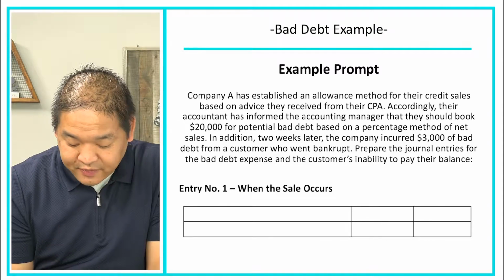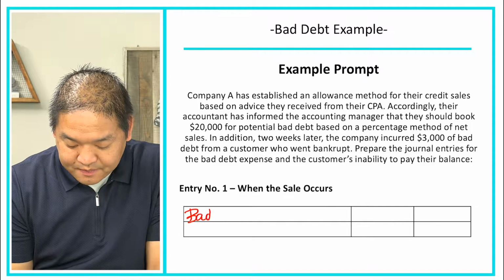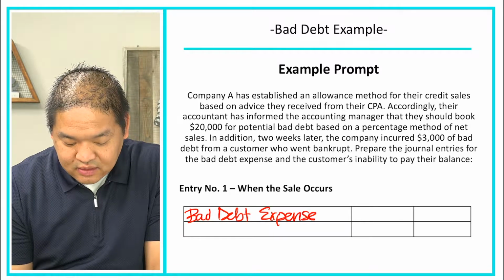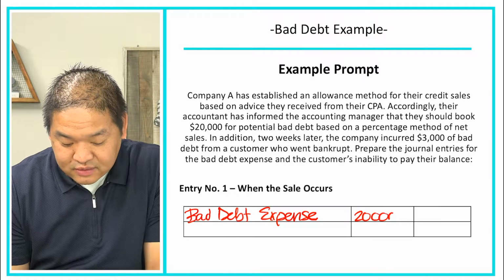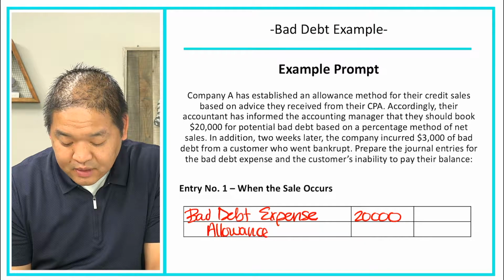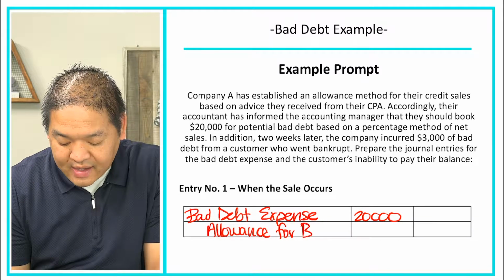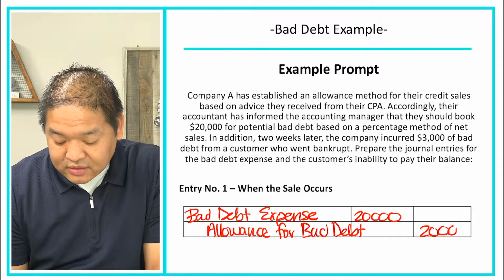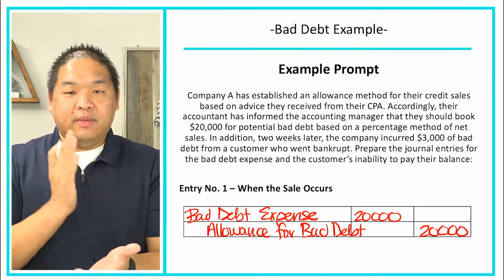So it's going to look something like this: debit bad debt expense for $20,000 and credit allowance for bad debt for $20,000. So that will be our entry when we make the sale.